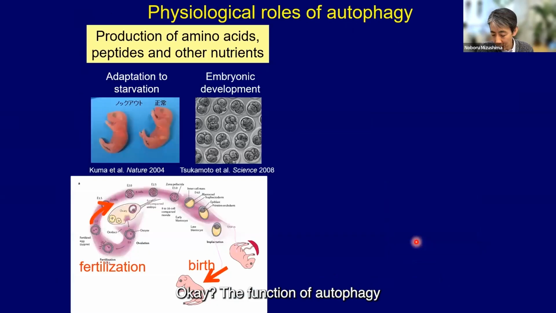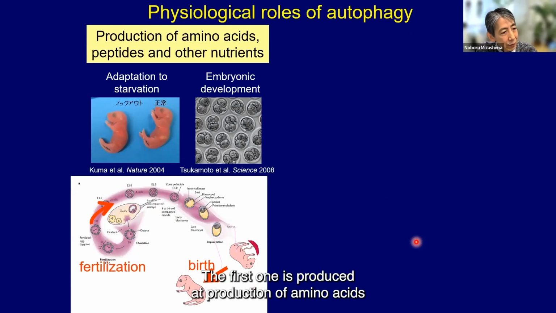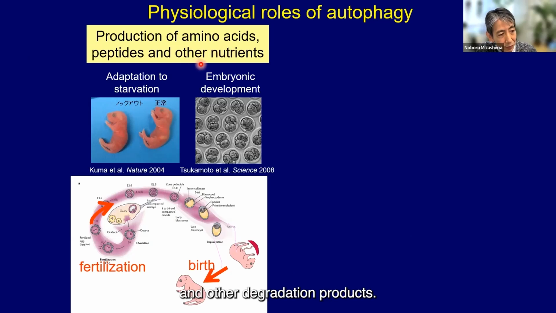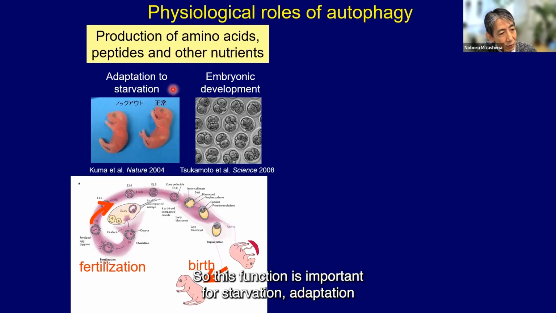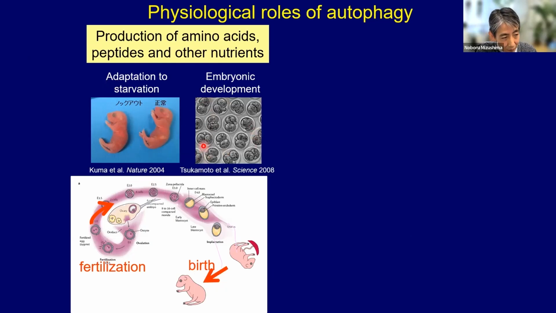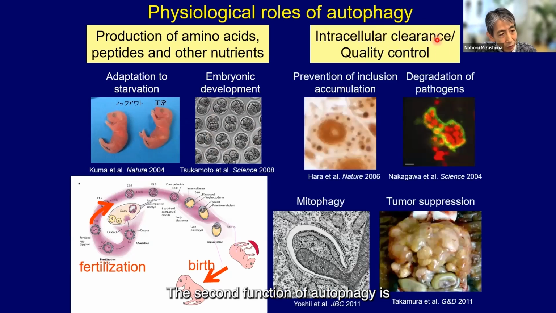Okay. The function of autophagy can be roughly divided into two groups. The first one is production of amino acids and other degradation products. This function is important for starvation adaptation and early embryonic development. The second function of autophagy is, of course, intracellular clearance or quality control.